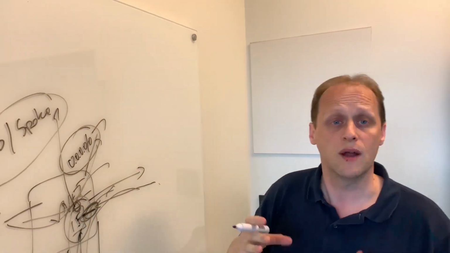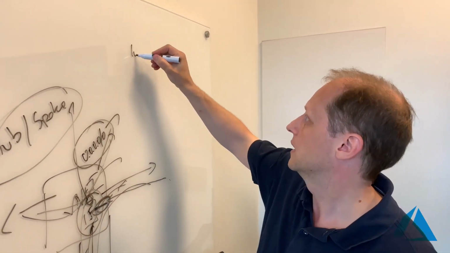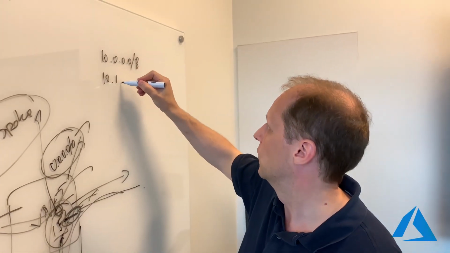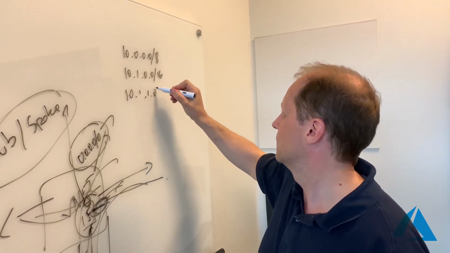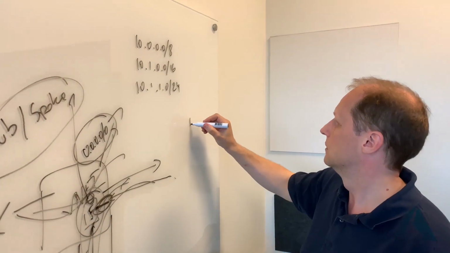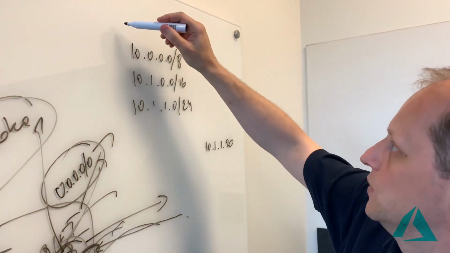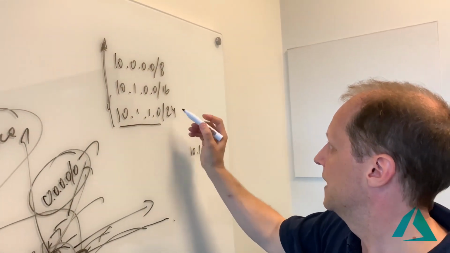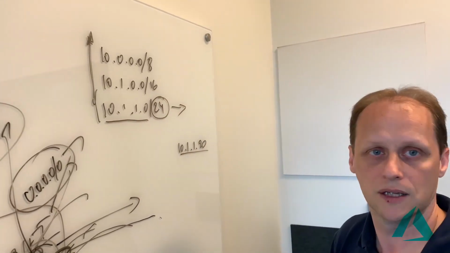A routing device will go through its routing table and say, for example, you've got 10.0.0.0/8 and 10.1.0.0/16 and 10.1.1.0/24. Now, if you want to reach 10.1.1.20, the router will go through its routing table in this manner and go, I've got a route that matches at a higher prefix, therefore I'm going to use whatever route that spews out.